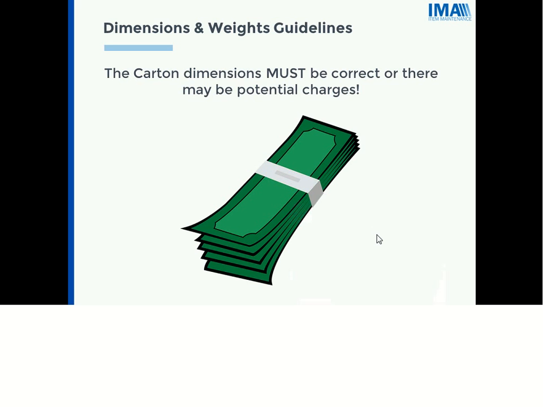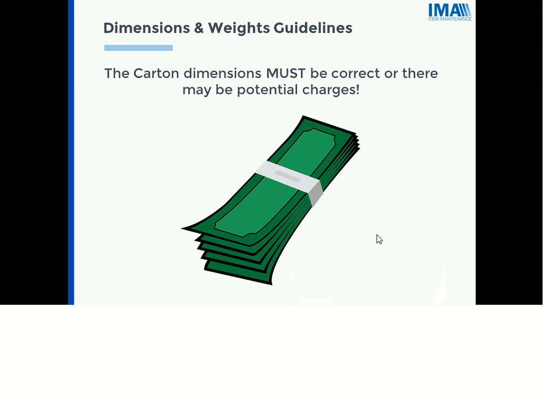So we care the most about the carton dimensions and weights. They have to be correct or there could be potential charges. If we are planning our truck pickups according to the information that you provide, and we expect you to take up the entire truck, and then we send the truck there and you only fill up half of the truck, then that's going to cost us money because we could have scheduled another truck pickup to fully utilize that truck space.